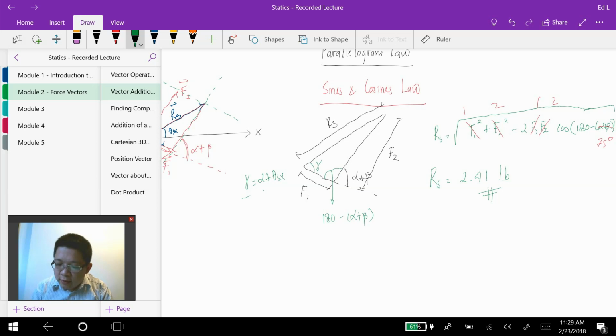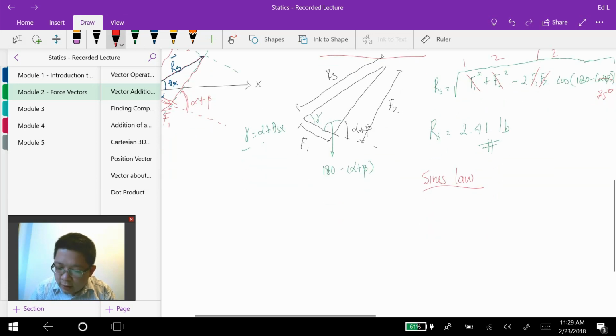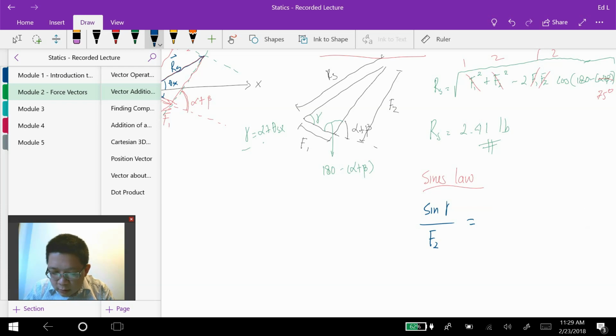So first, applying the sine law, I will calculate gamma: sine gamma divided by F2 equals sine of 180 minus alpha plus beta divided by Rs.